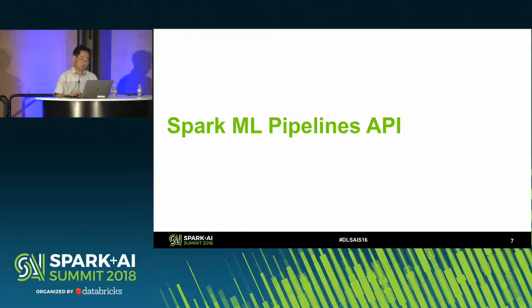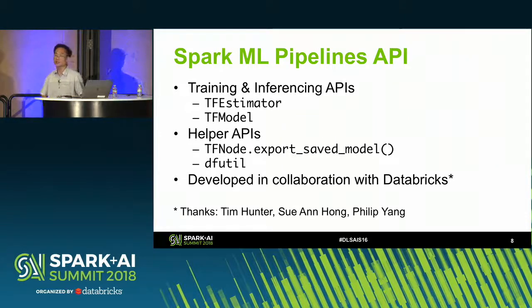So the ML pipeline API, like I said, conforms to what Spark has. So now we have an estimator and a model. They're just called TFEstimator and TFModel. The estimator is responsible for setting up your TensorFlow cluster, and also for conducting your training. The model represents the TensorFlow checkpoint or saved model on disk, and it allows you to do your model transform in Spark.